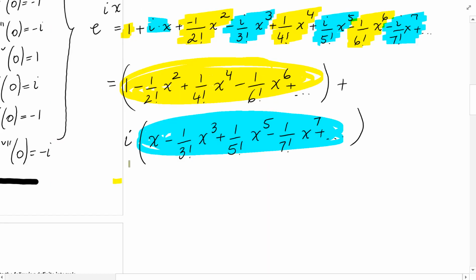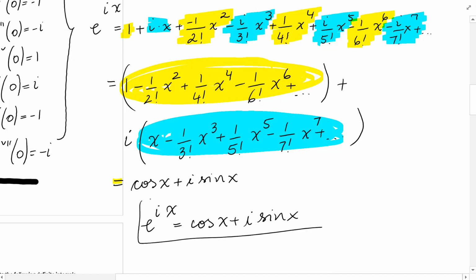So what we just proved is that e to the ix actually equals cosine of x plus i sine of x. So this awesome result, e to the ix equals cosine of x plus i sine of x.